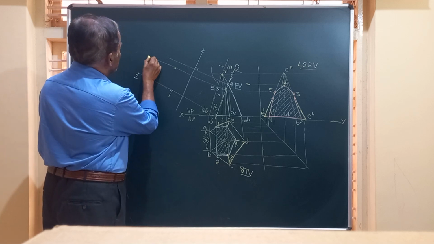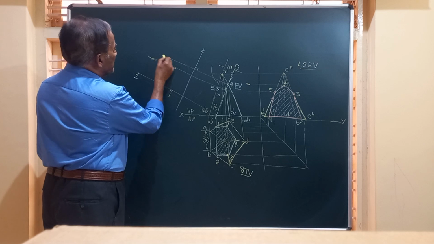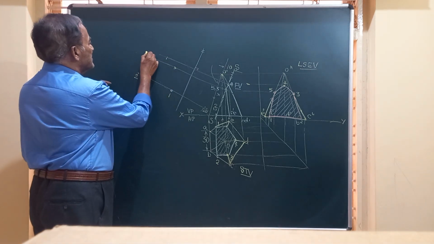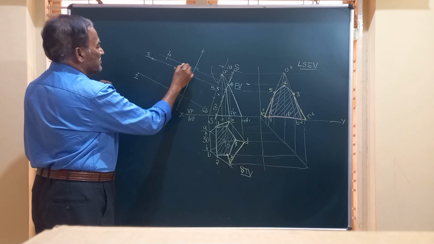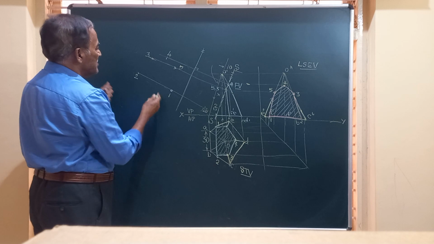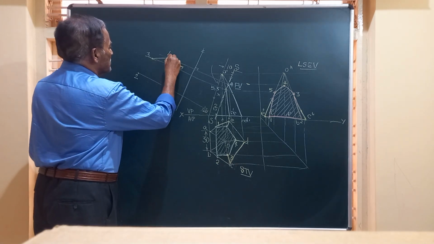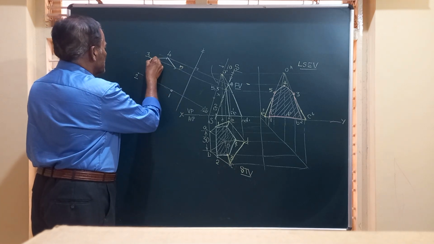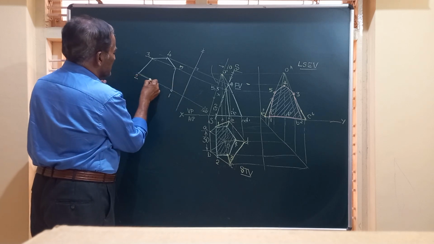And finally, friends, we have the last point, point 4, which exactly falls between these two. So this is 3, comma 4, and this point is 5. So we have to join all these points by straight lines. 3 to 4, 4 to 5, 2 to 3, then 5 to 3, then this distance.